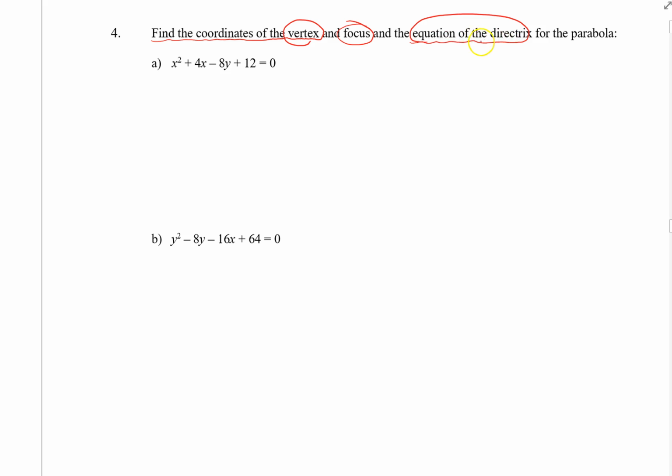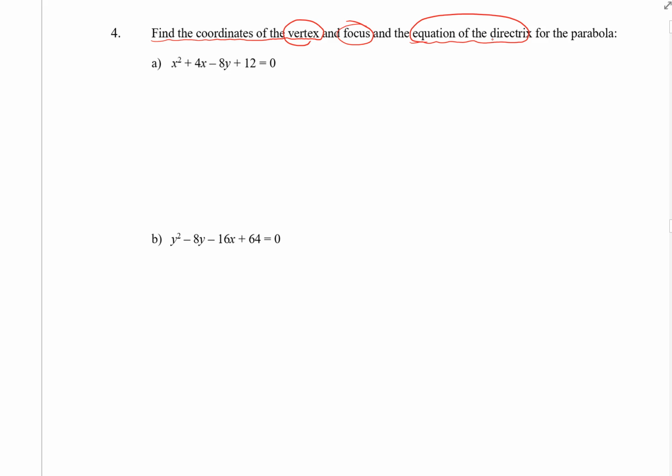Now we know that the directrix is a straight line, and the directrix will have either equation which is x is equal to a constant or y is equal to a constant. So paying attention to the question, I've already got set in my mind what my answers are going to look like.